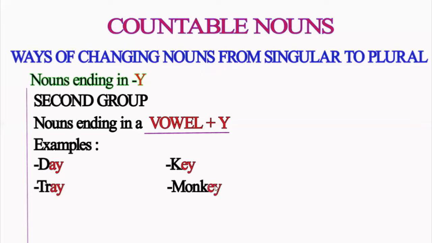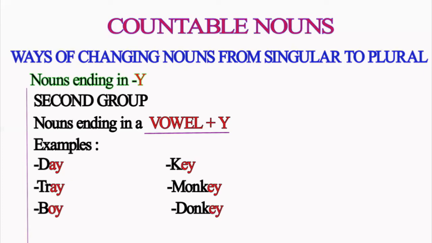Monkey, the last letter is y, but before y there is vowel e. Here we have boy, the last letter is y, but before y there is vowel o. We have donkey. The last letter here is y, but before y there is a vowel e.